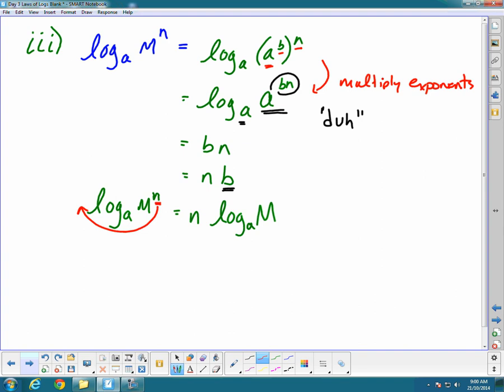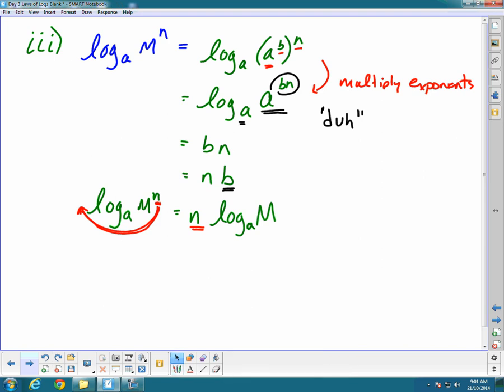If you stop and think about it, that kind of makes sense, because remember, logs are asking for exponents. Well, if I'm taking the log of something that already has an exponent, that exponent can come out front. And all I got to do is figure out the rest of the log. So you see that n is moved out front. And that's going to be a big, big, big important step in our next lesson.